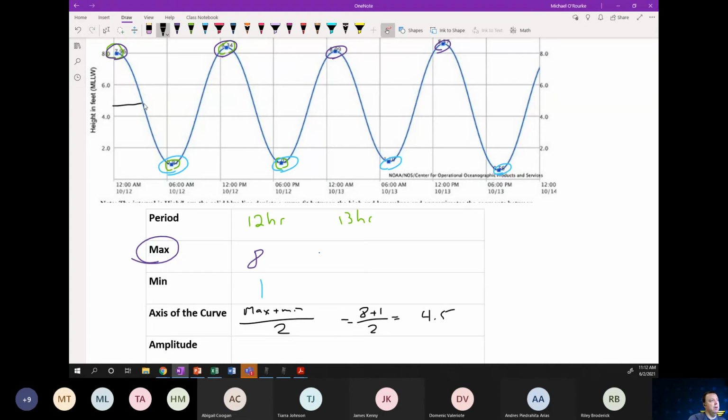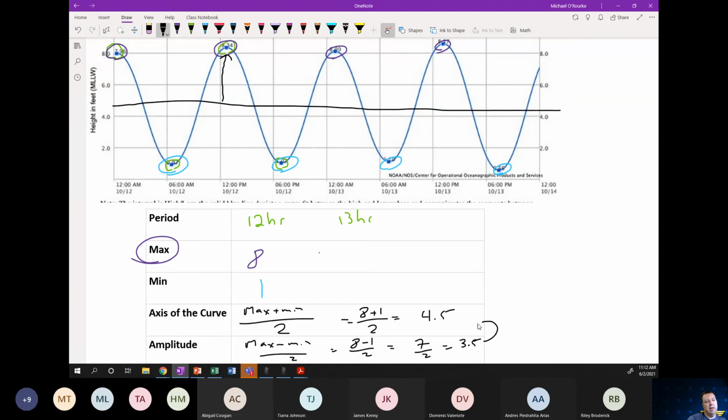So if I look around here, looks about right. And then my other one is max minus min divided by 2, which is 8 minus 1 divided by 2, which is 7 divided by 2, which equals 3.5, which makes sense. Because if I double check it here, 4.5 plus 3.5 equals 8. And that's my high number.